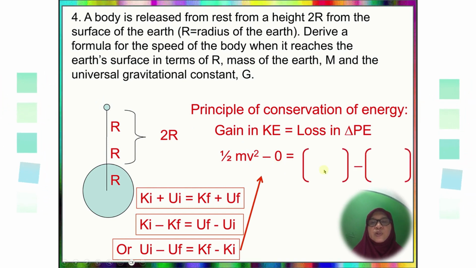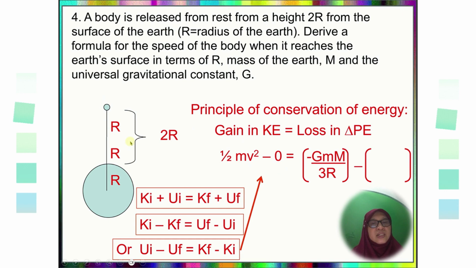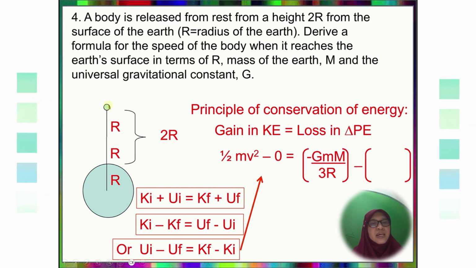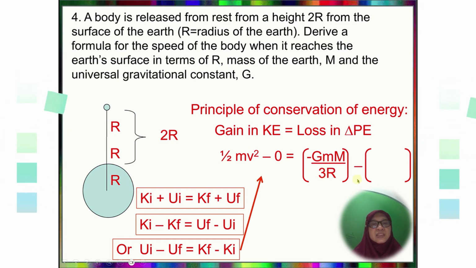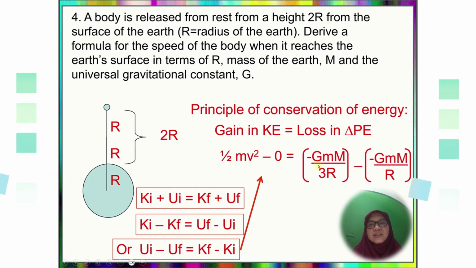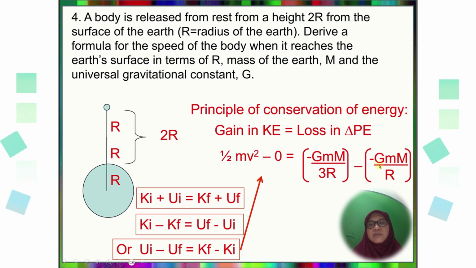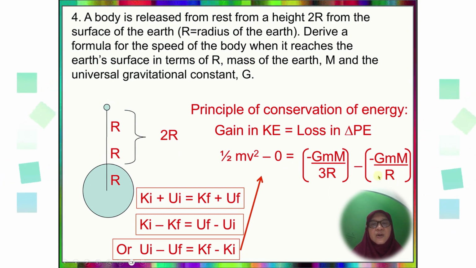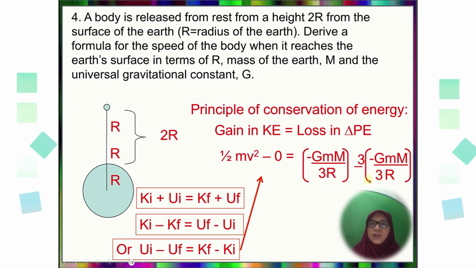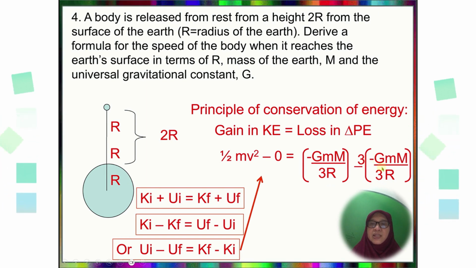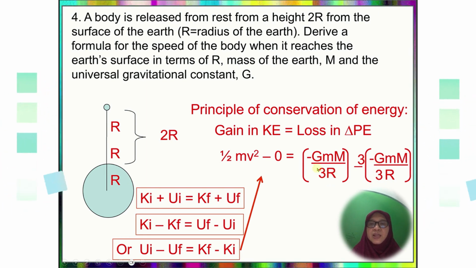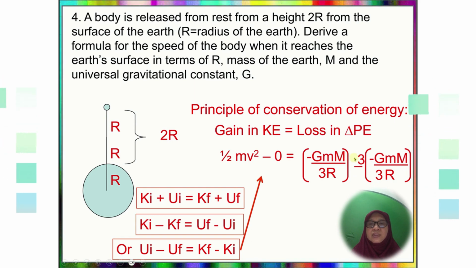Then the loss in potential energy: at the initial position the distance is 3R, so we use GMm over 3R, and at the surface it is GMm over R. We multiply top and bottom by 3 so we can subtract.